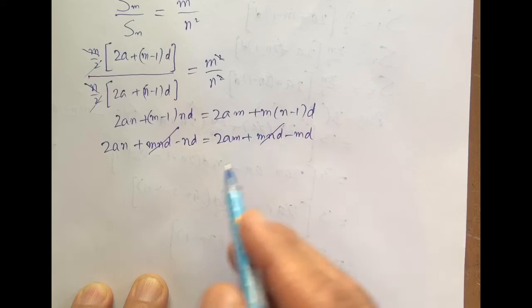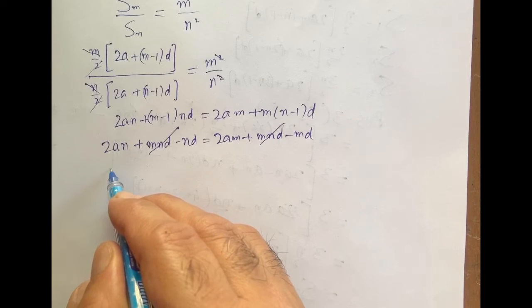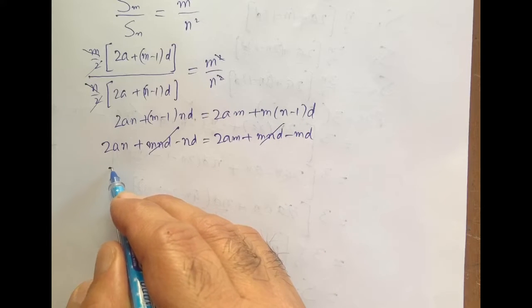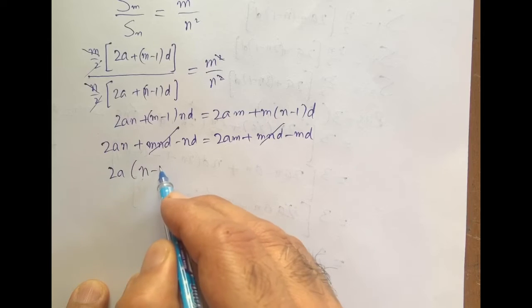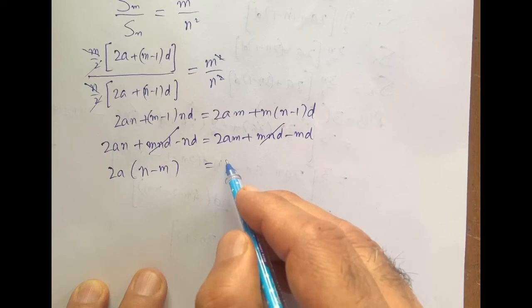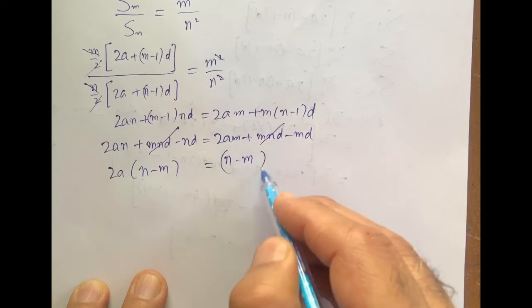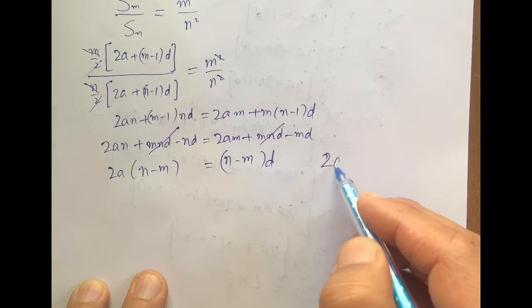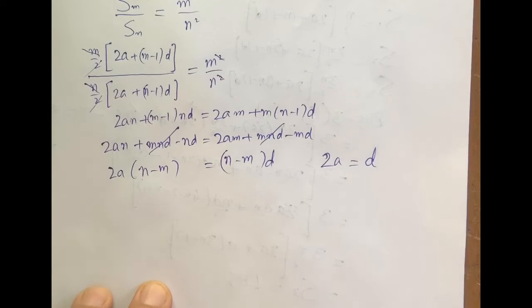This will cancel out, so we have 2a common, it's (n minus m), equal to (n minus m) into d, or we have 2a equal to d. This is the relation between a and d.